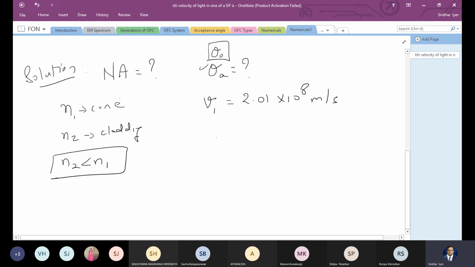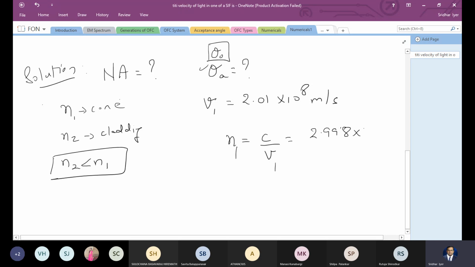Now, from this, we can calculate N1, because I know that in general, refractive index N is C by V, where C is the speed of light in vacuum and V is the speed of light in the material. So with this equation, I can find N1, which will be C by V1. C is given to us as 2.998 into 10 raised to 8, or it could be 3 into 10 raised to 8, divided by V1, which is given to us as 2.01 into 10 raised to 8.